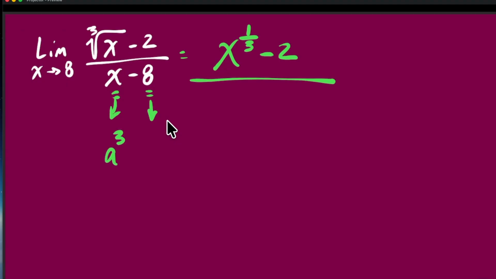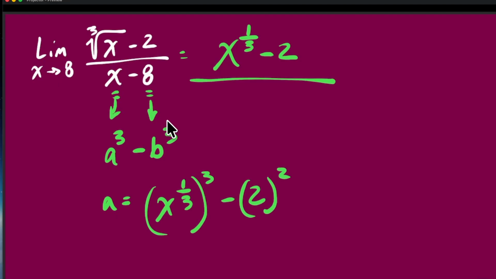And in the bottom, this is going to be a cubed minus b cubed, where a equals x to the 1/3 and b equals 2. So you could see if you have x to the 1/3 cubed, you're going to get x, and if you have 2 cubed, you're going to get 8.